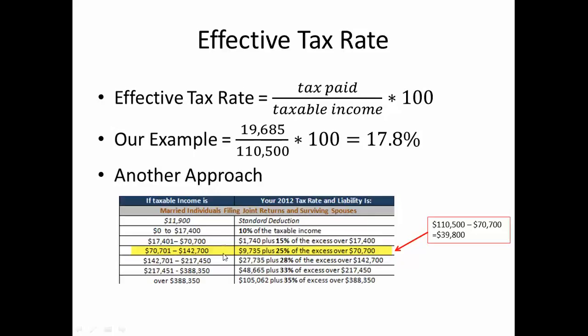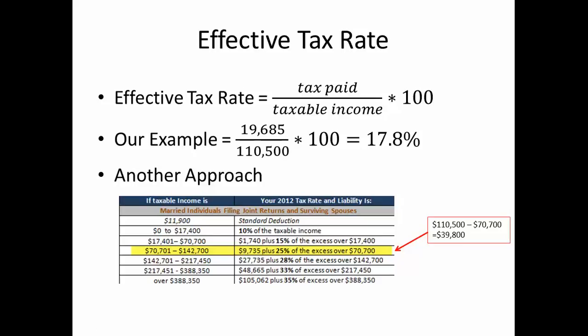The first row is not part of the table because that's the standard deduction. That meant you had a full $1,740 charged at 10%, plus the full amount for the second bracket from the previous slide, and those two numbers added together give you 9,735.